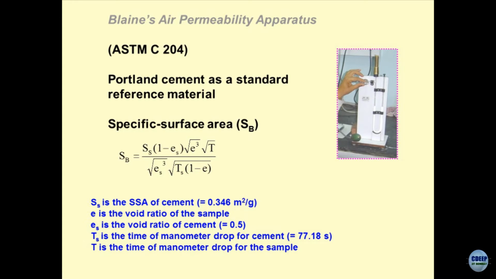Specific surface area of cement is known. Again, the question is how would you get it? So, you can use different techniques to find it out. The void ratio of the sample can be obtained, and void ratio of the cement is known, and manometric drop for the cement is known, and hence you can compute the specific surface area.